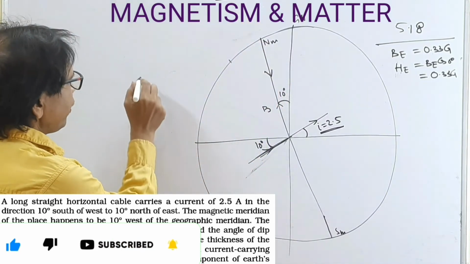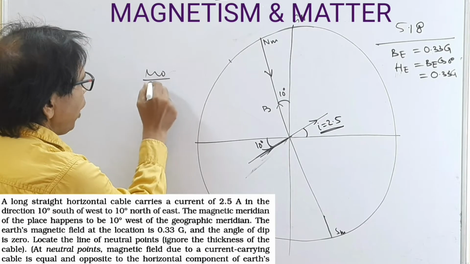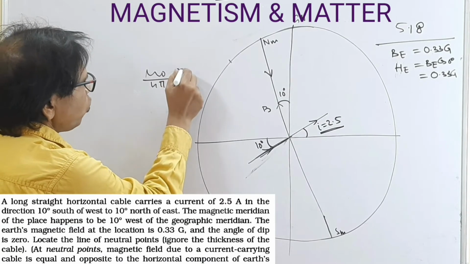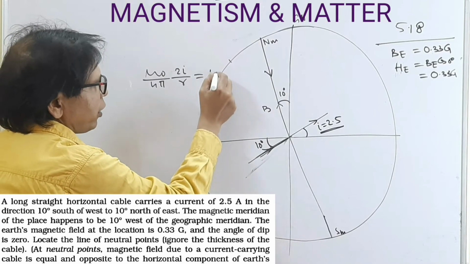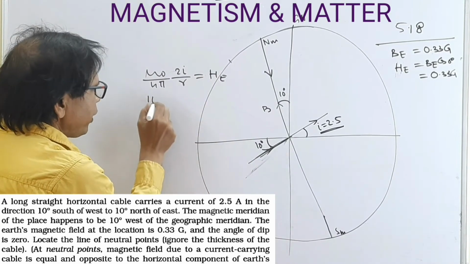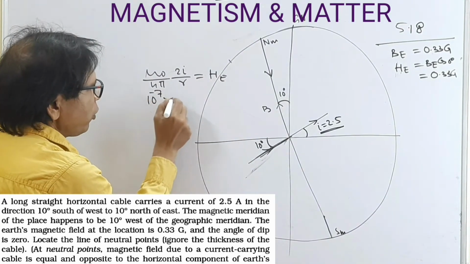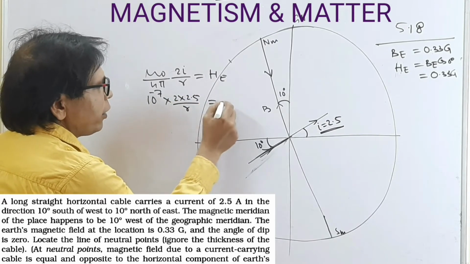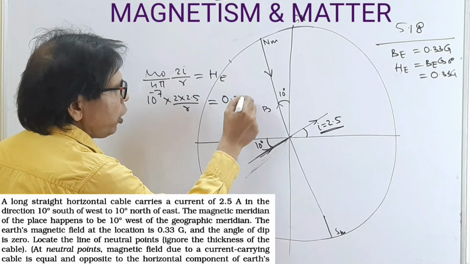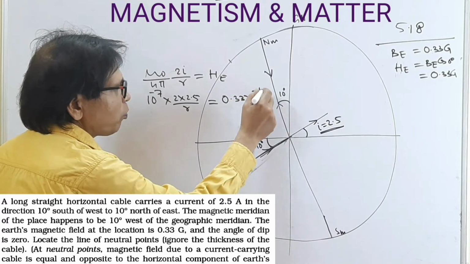So mu naught by 4 pi, 2I by R is equal to HE. Now this is 10 to the power minus 7, 2 into 2.5 by R, equal to 33 into 10 to the power minus 4.